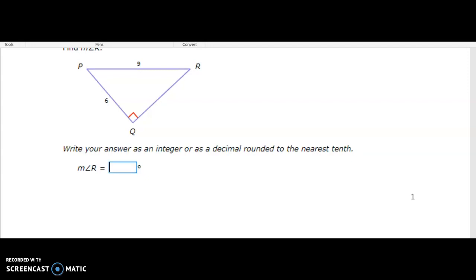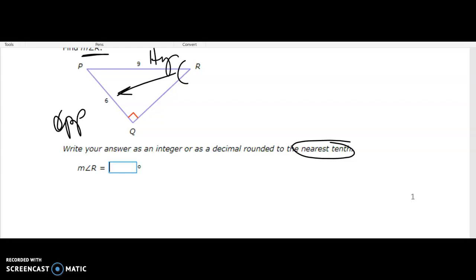All right, now is when you definitely have to have a calculator, because it's telling you to round. We are looking for angle R. So angle R, 6 is opposite, 9 is hypotenuse, so we're going to do inverse sine. R equals inverse sine of opposite over hypotenuse, so 6 over 9.